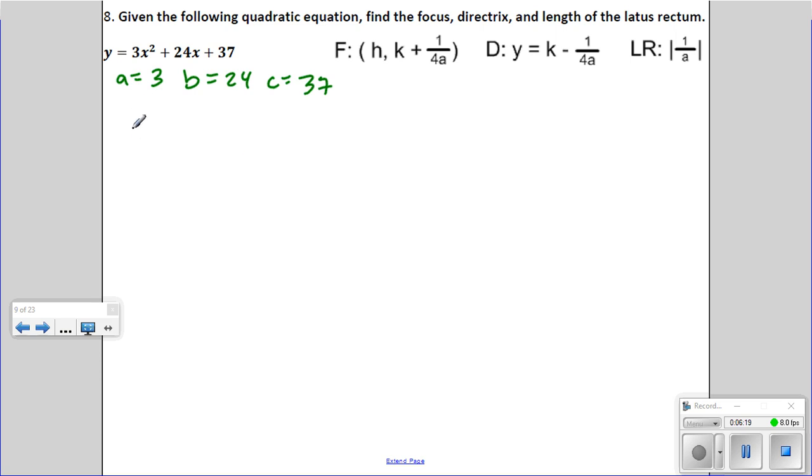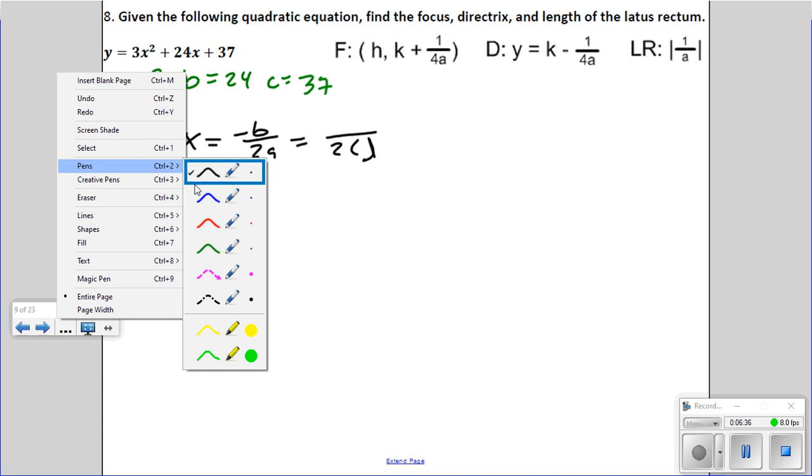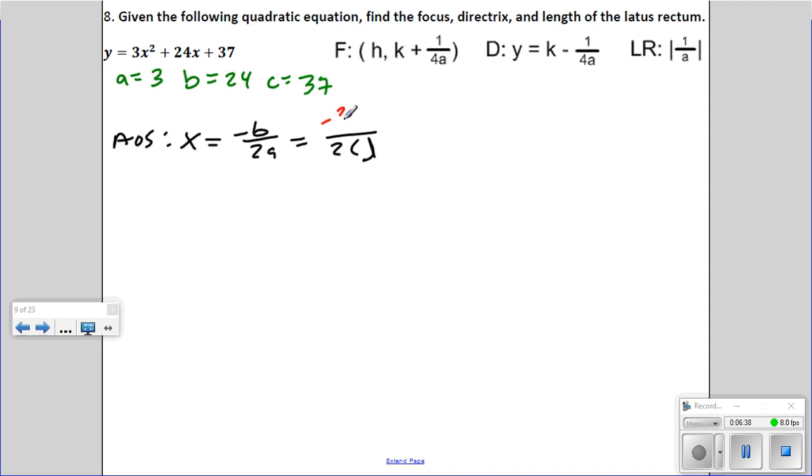I have to find the x value first, finding the axis of symmetry, which is the opposite of B over 2A. The opposite of B is negative 24. A is 3.